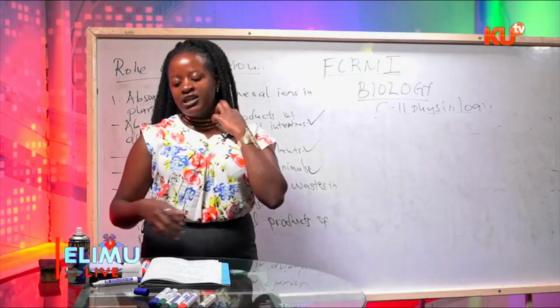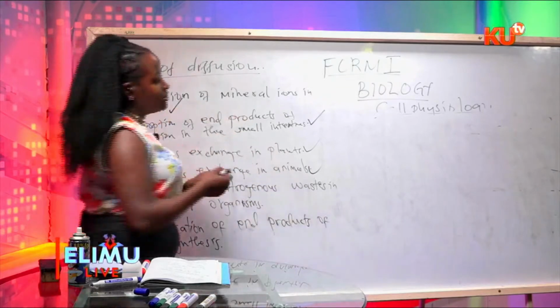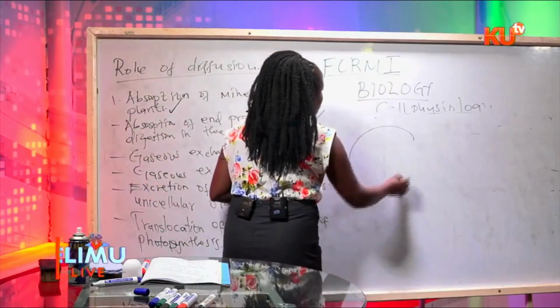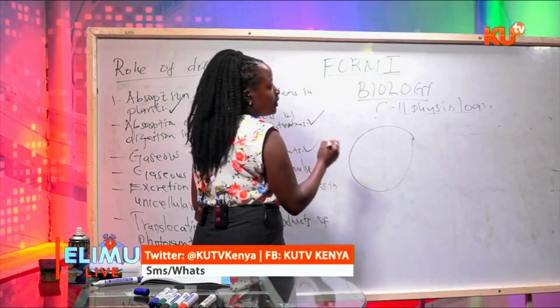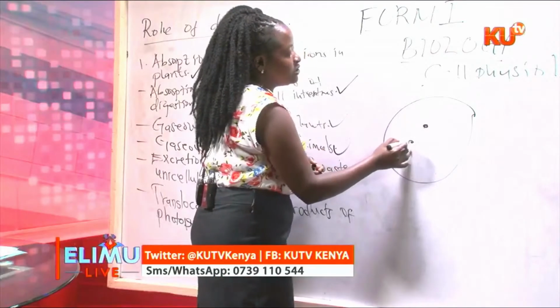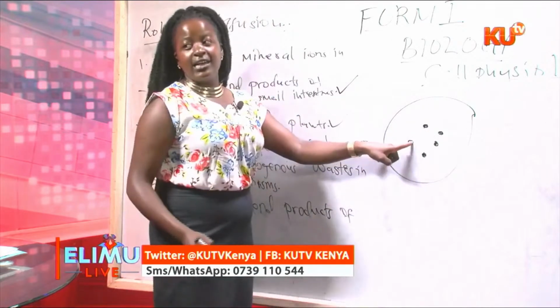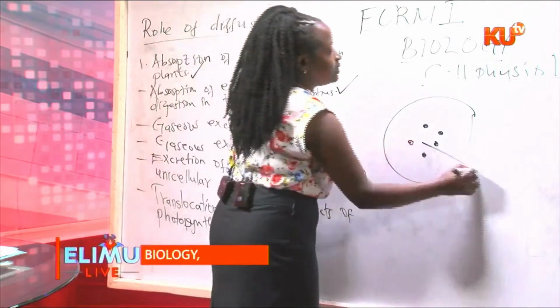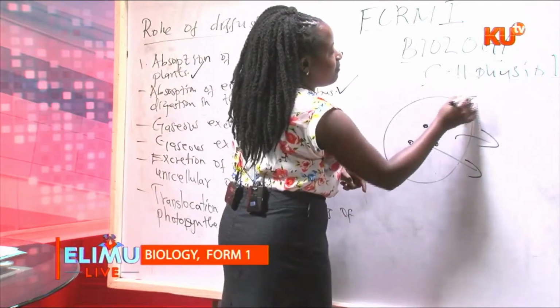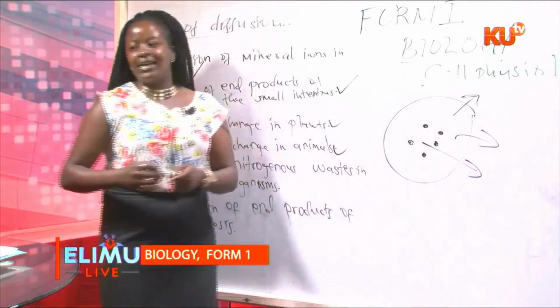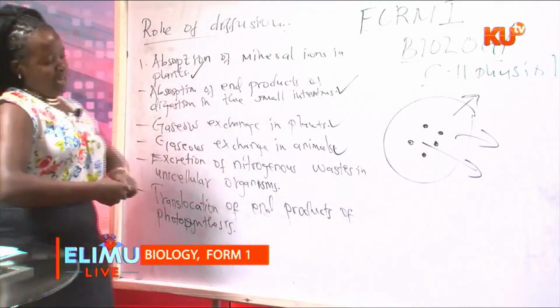This nitrogenous waste is greater in concentration inside the body of the amoeba. So it is in greater concentration inside the body, and now it will get out of the body of that amoeba through the process of diffusion.